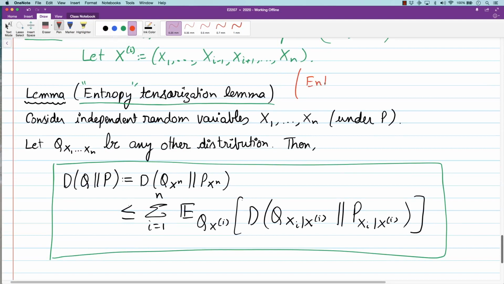Recall that in the last class we introduced the entropy of f. This is some side note, a little bit of a digression.